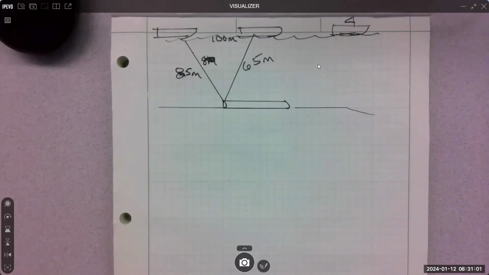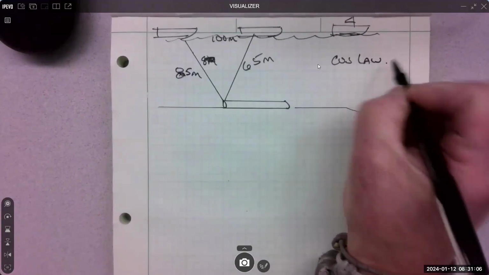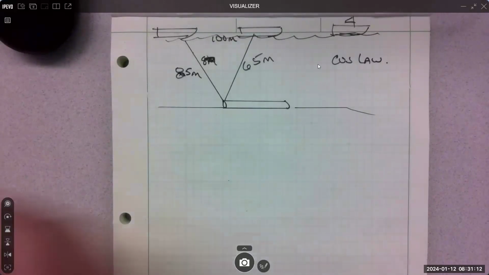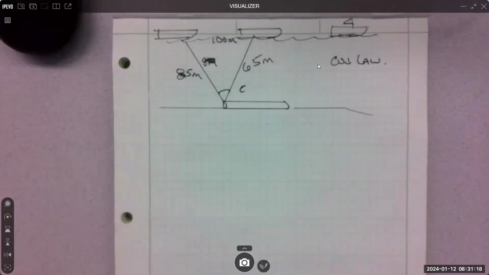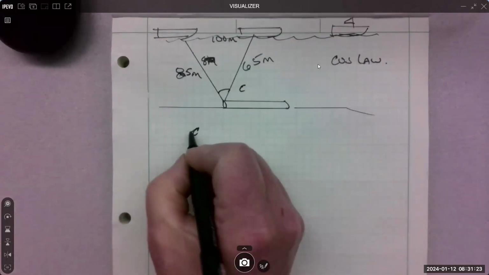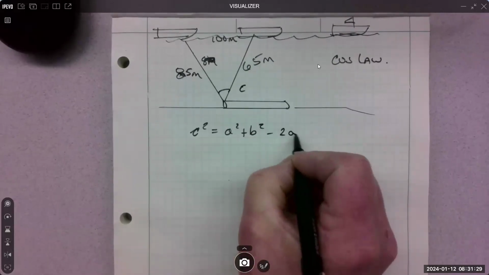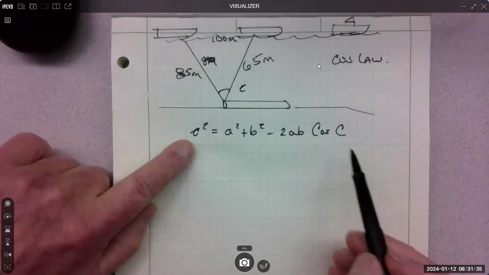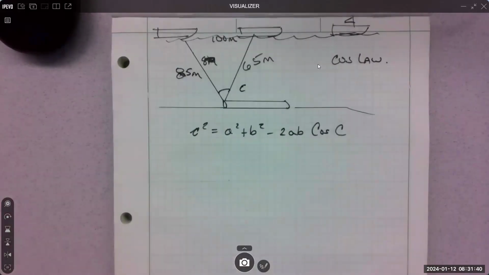Guess we know what to do now, huh? Cosine law, yep. Which is the long side? 100 meters is the long side, so I'm going to set that up as angle C. Does that make sense? So then I know that C squared equals A squared plus B squared minus 2AB cosine C, where C is the angle opposite the side that you identify as C. That's the important piece.